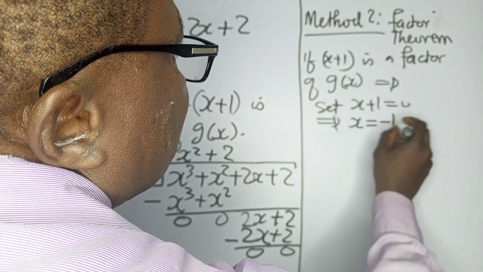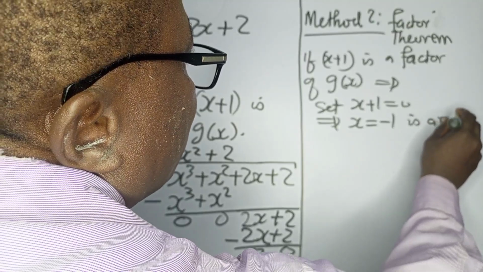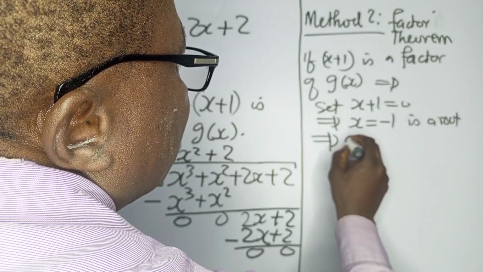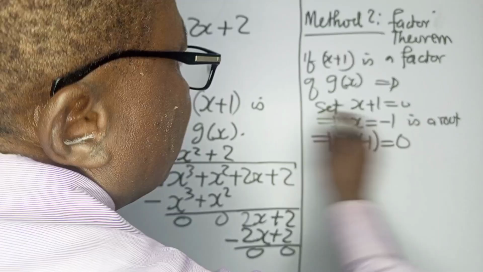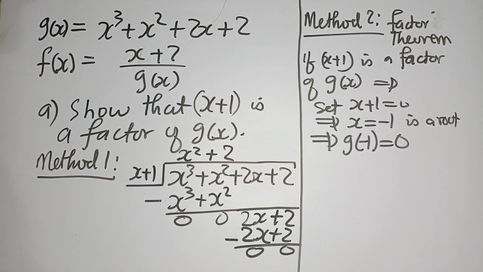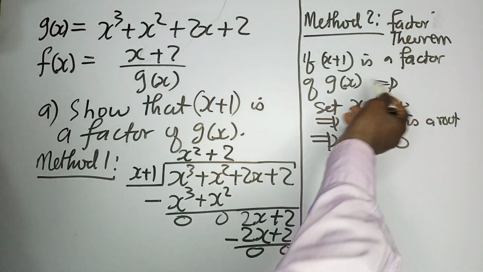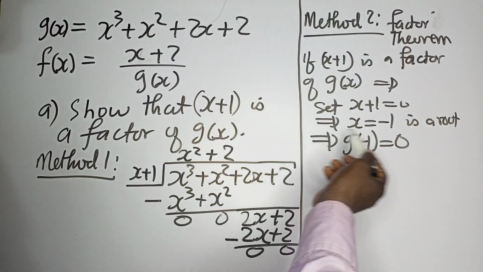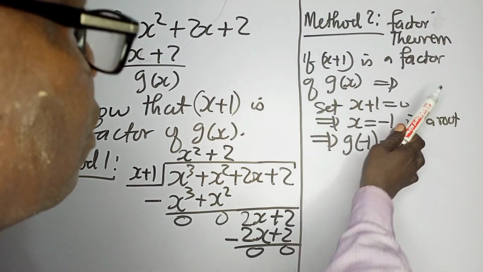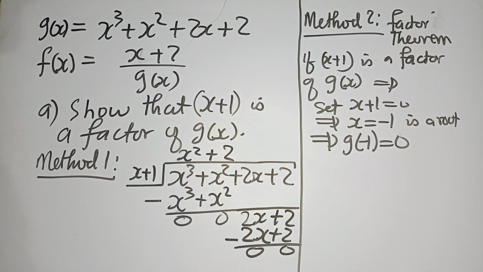It means x equals negative 1 is a root, which also therefore means that g of negative 1 must be 0. Okay? If x plus 1 is a factor of the polynomial g of x, then g of negative 1 must be 0. Negative 1 must be a root or a solution or a zero of that polynomial.